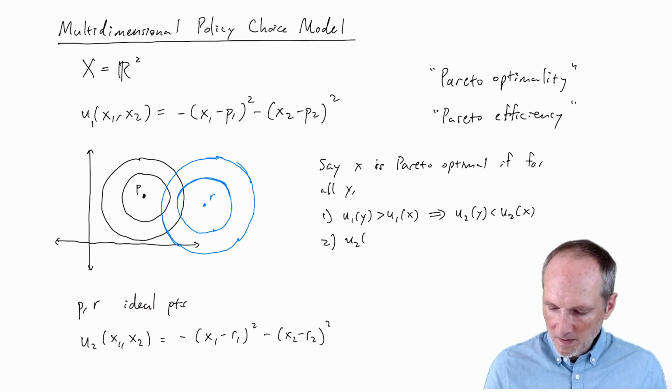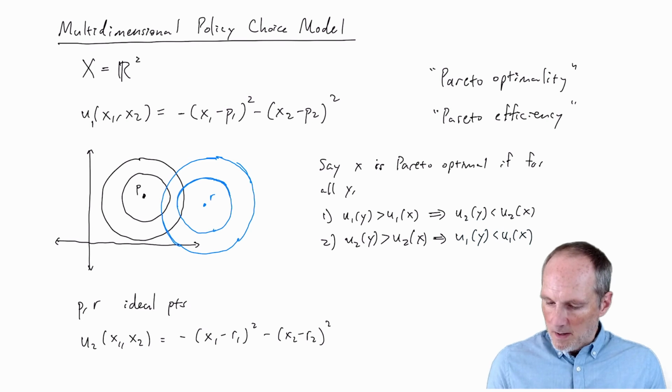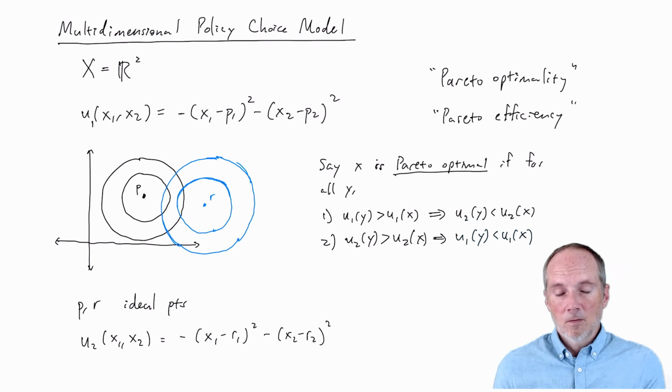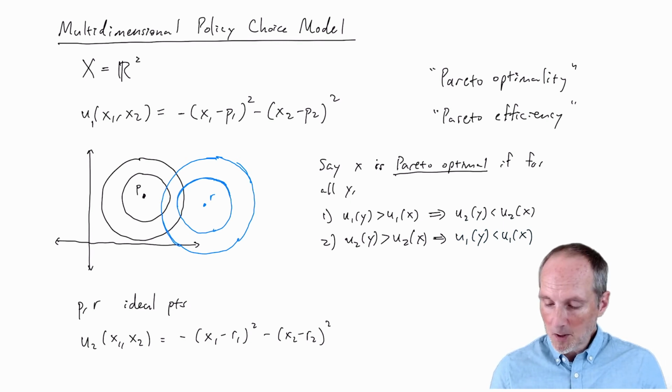If person 2 is better off with Y, then person 1 must be worse off. Right, so X is Pareto optimal if there's no way to change it that makes one person strictly better off and the other person at least as well off as they were before.